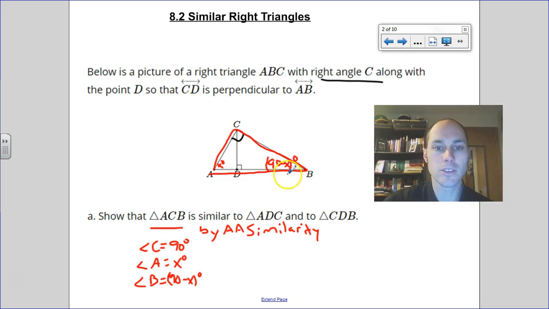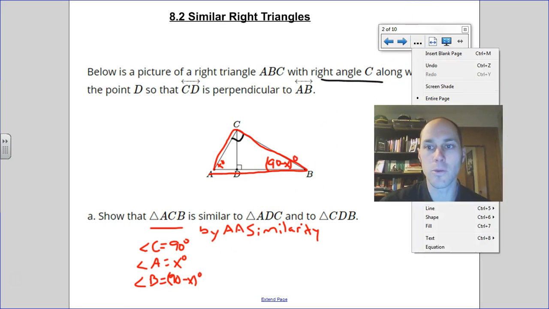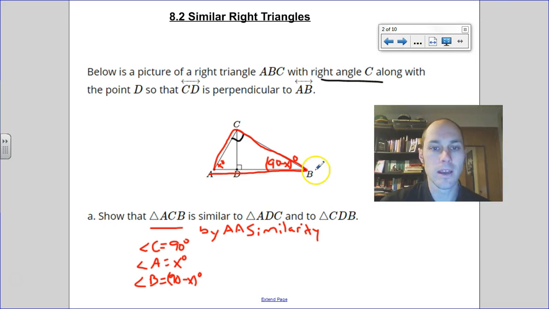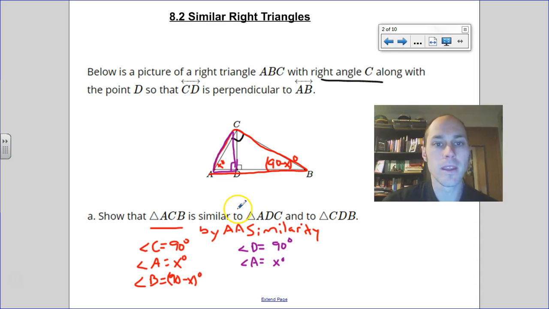So next let's take a look at triangle ADC and show that it has a right angle, and that it also has X and 90 minus X. So since these two are a linear pair, I've got a right angle here. So angle D in that triangle is 90 degrees. And you can see that they share angle A, which is X degrees. So I can see already by AA similarity that this is true.